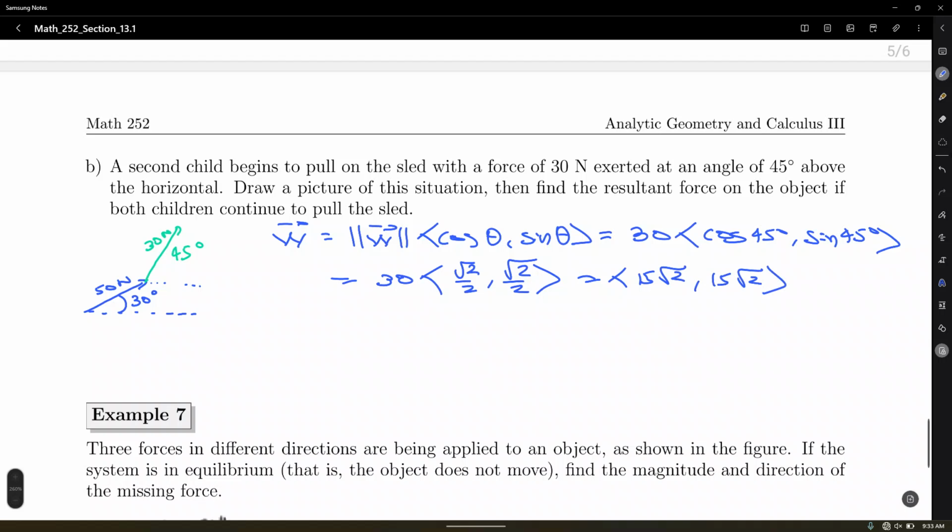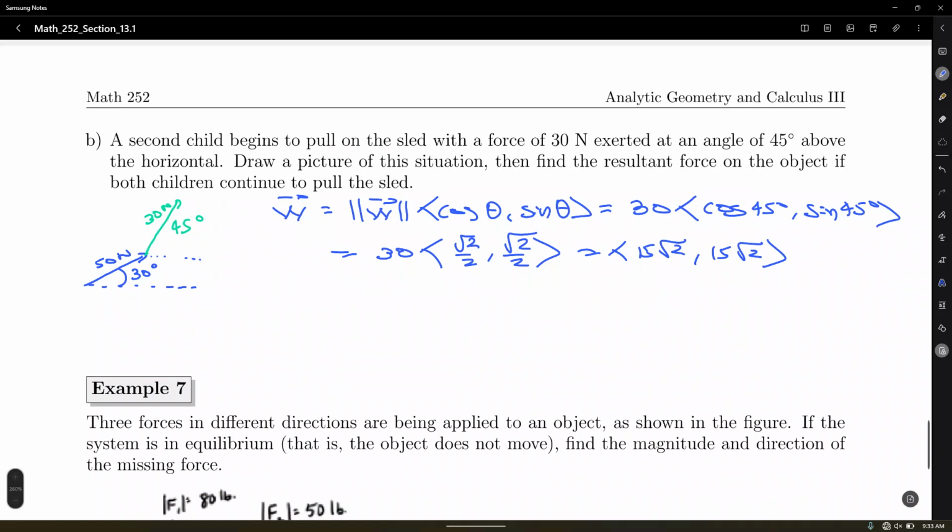Now that we have described a standalone vector for the second force, they're asking us to find the resultant force. What does resultant mean we need to do? Add the vectors, right?